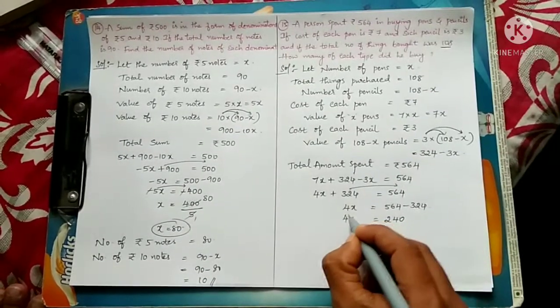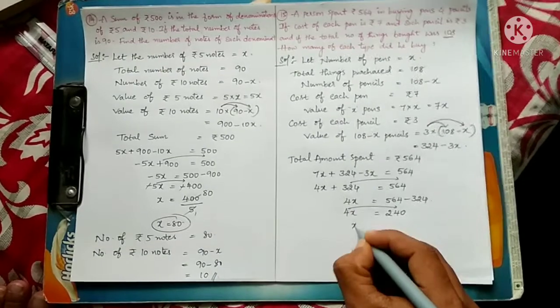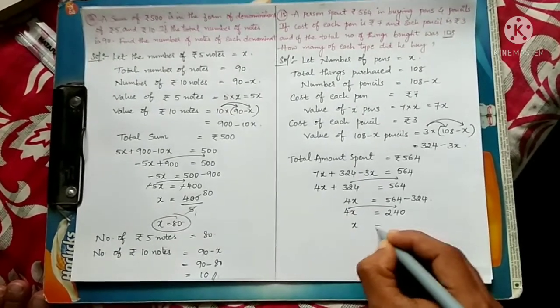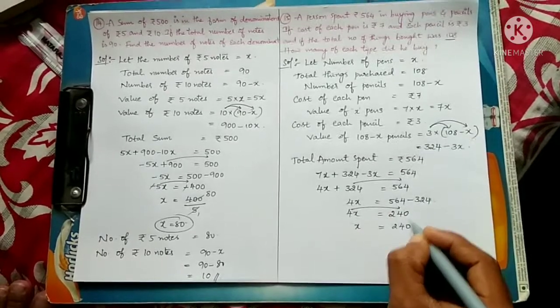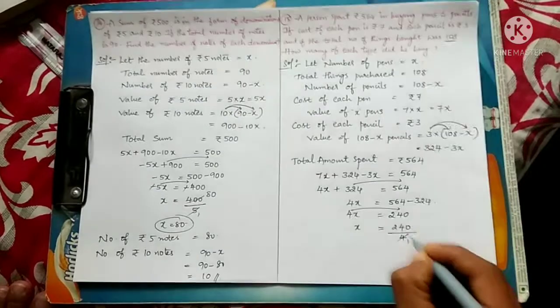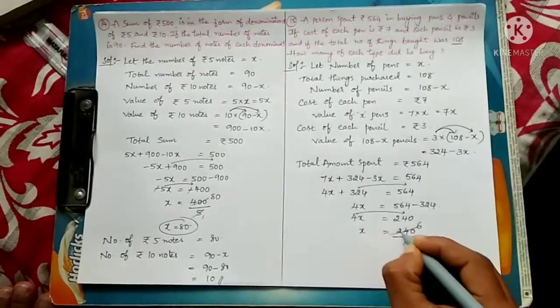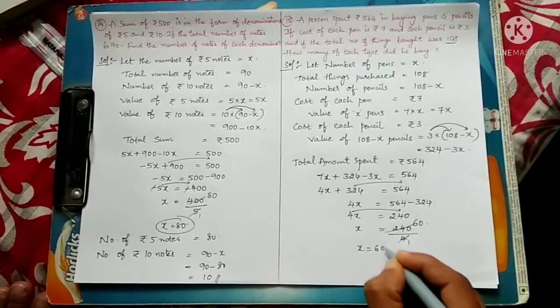When we transpose multiplication to the RHS, it becomes division. So x is equal to 240 divided by 4. 4 ones are 4, 4 sixes are 24, 4 zeros are 0. x is equal to 60.